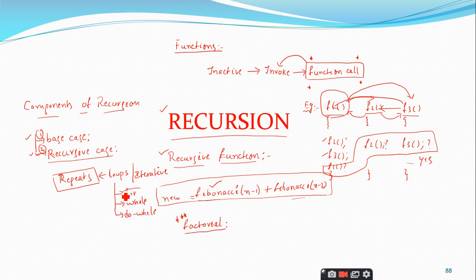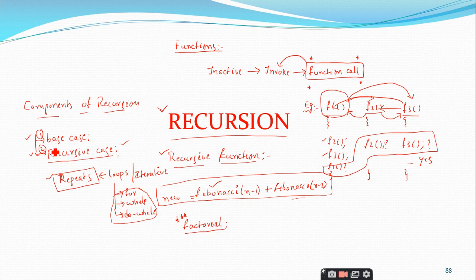We know that these three constructs are used to repeat a set of statements for n number of times, to have some iterations or repetitions. The same is the case with recursion. When a function calls itself, the concept itself leads to repetitions. So when you implement recursion, you are indirectly repeating some set of statements, and the statements that are repeated are kept under this recursive case.